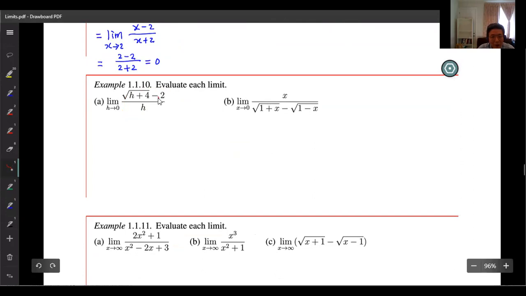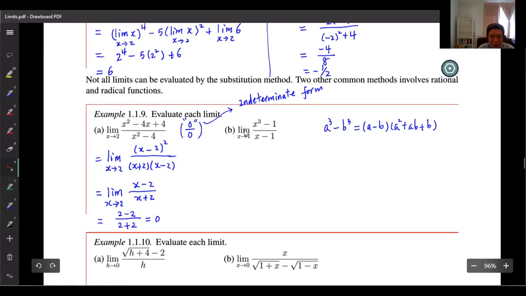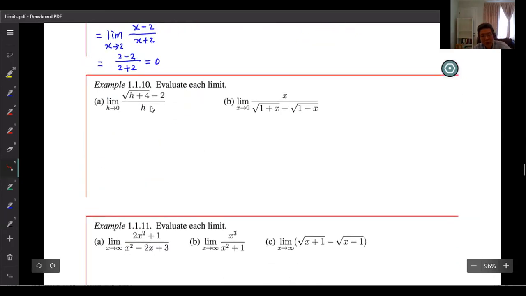This one is just square root of 4, which is 2. Here's h plus 4 minus h. It's a secant slope, a slope formula. Top is a rise, bottom is a run. Later we'll talk about this more. It's also called average rate of change.